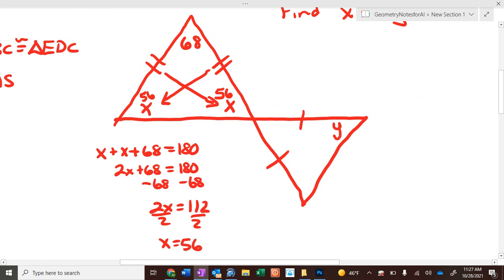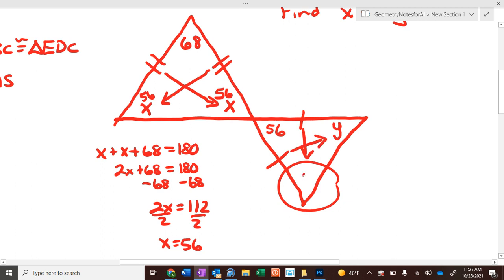Now I want to figure out what y is. I got another isosceles triangle there. I better figure out this angle up here first. How big is that angle? 56 because of vertical angles. So is this angle down here going to be 56 or is it going to be y? It's going to be y because it's opposite of the congruent side.